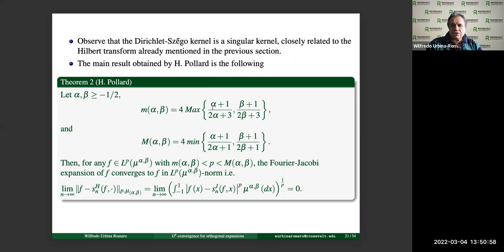Well, it's easy to check, I think I am running out of time, that in that case, these two guys that are the range for p tend to 1/2.